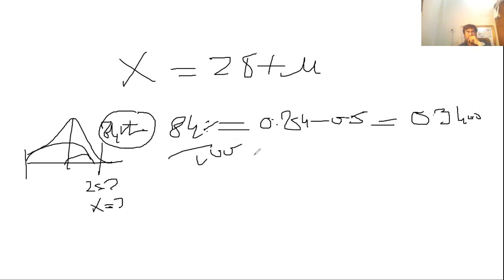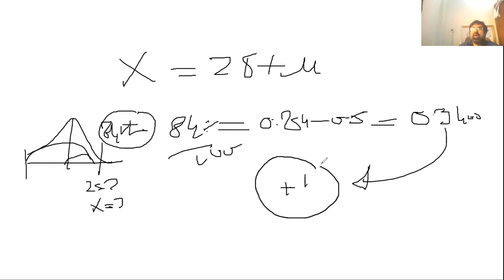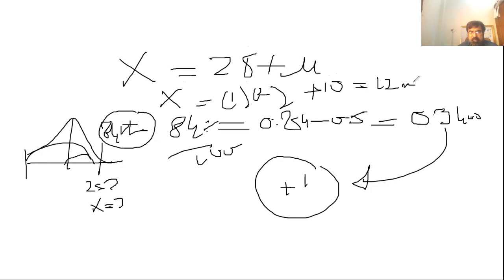That becomes 0.3400, and in the table this area carries a z value of 1. So x will be 1 times standard deviation 2, plus 10. That becomes 12 minutes.